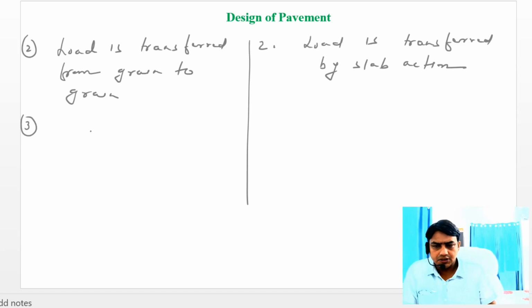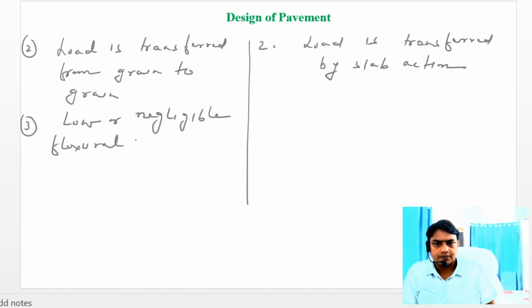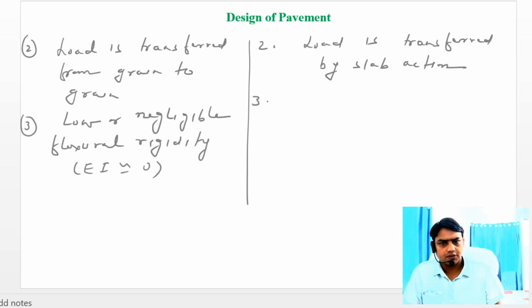The third difference is that flexible pavement has low or negligible flexural rigidity. What is flexural rigidity? EI is low or negligible.